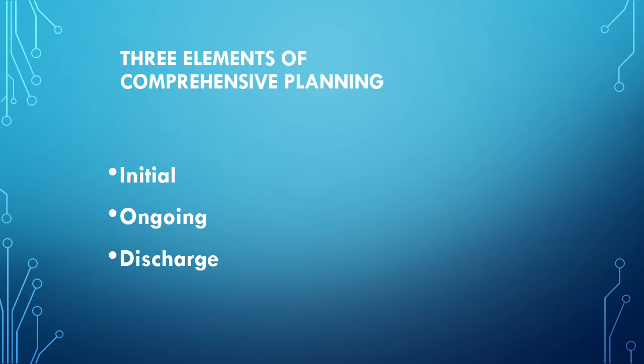Comprehensive planning is initially the planning that's done at admission, then ongoing, where changes occur as care continues and new assessment findings are identified, and as some problems are resolved and other problems may be identified or occur later.